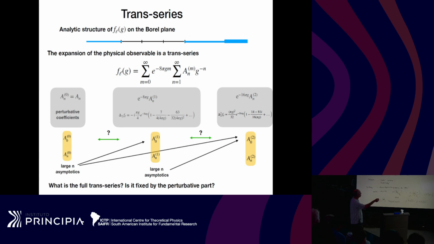The first is the original perturbative series, and the next is just the leading non-perturbative correction, the first cut contribution, and the function which multiplies the first cut, that perturbative series, was encoded in the large n asymptotics of the perturbative coefficients. So the large n asymptotics determines the first few coefficients in the first non-perturbative correction, but it also determines the next one, the first few terms here.